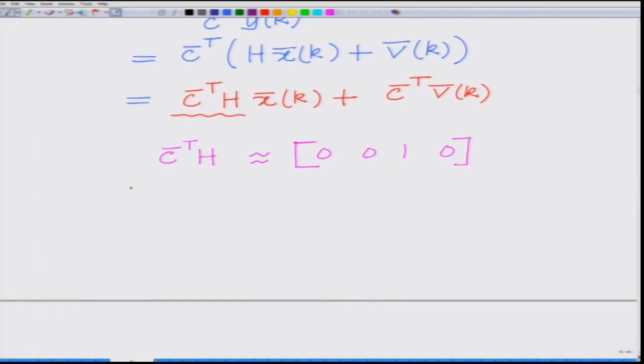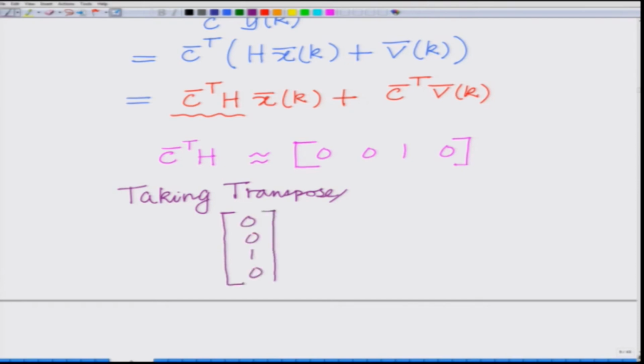Now, having taken the transpose, this vector 0 0 1 0 should be as close as possible to this vector H transpose C bar.